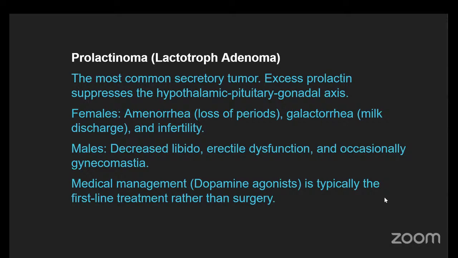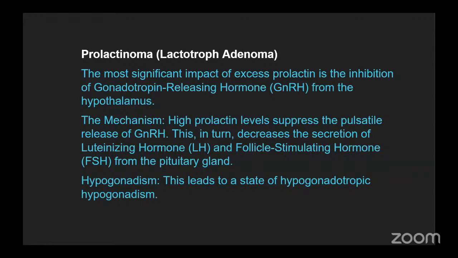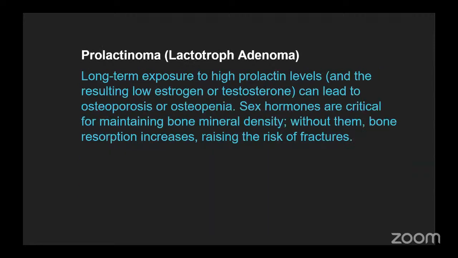So what ends up happening is when there is excess prolactin, it ends up inhibiting the GnRH. When the GnRH is inhibited, then the LH and FSH are also decreased in terms of secretion. This leads to a generalized state of hypogonadism. If there is long-term exposure to high prolactin levels, we see a presentation similar to women in menopause, right?